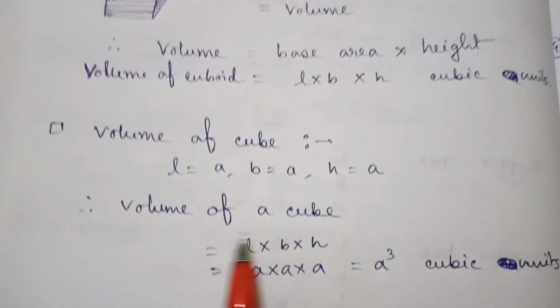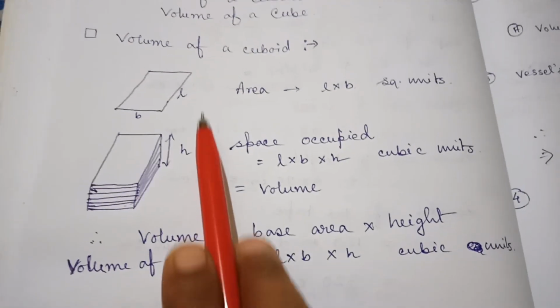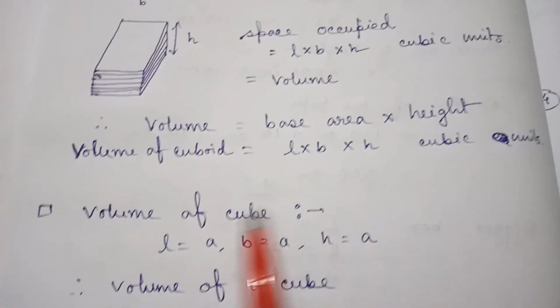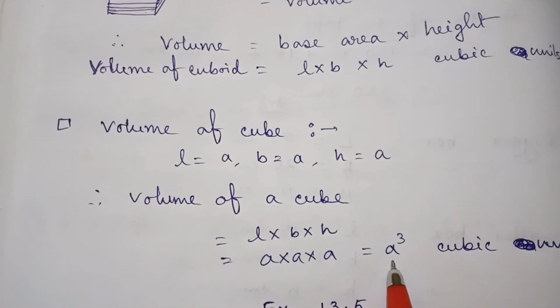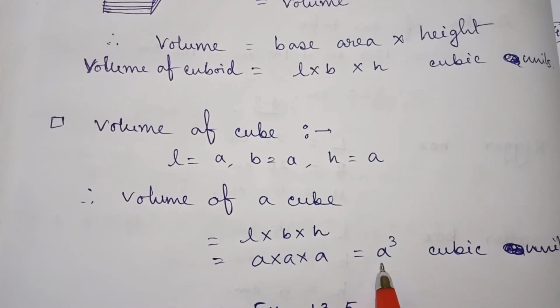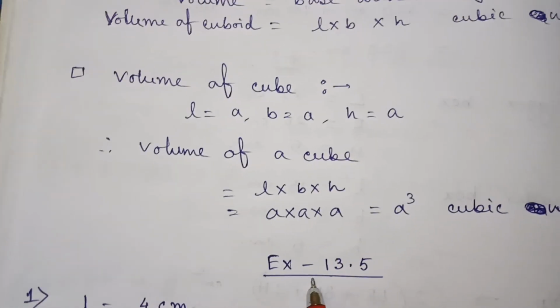Now we will start our exercise based on volume of a cuboid, that is this one, and volume of a cube, that is this one, LBH and A cube cubic units. So let's start with exercise 13.5.